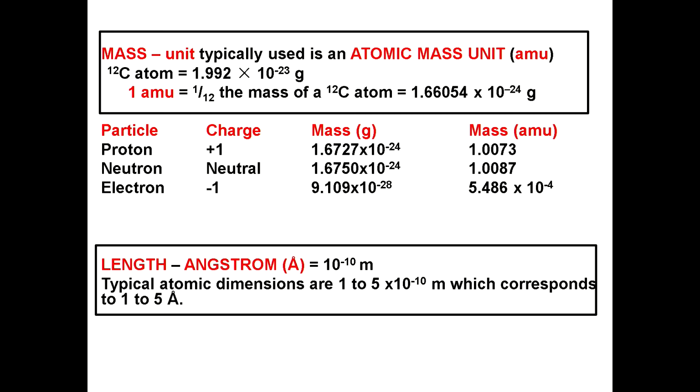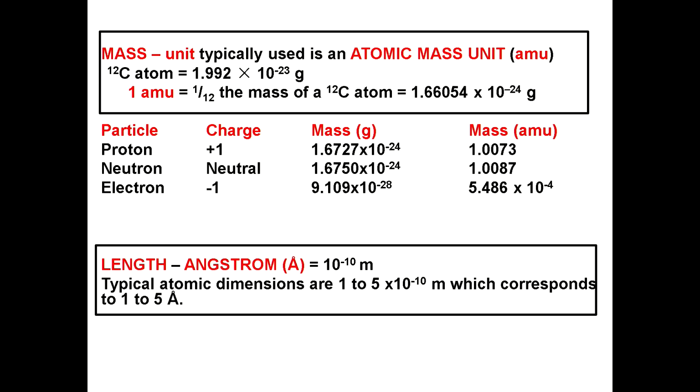So when we use AMU as the unit of mass, we can say the mass of carbon is 12 AMU. Using this way, we can calculate the number of AMU for other particles.